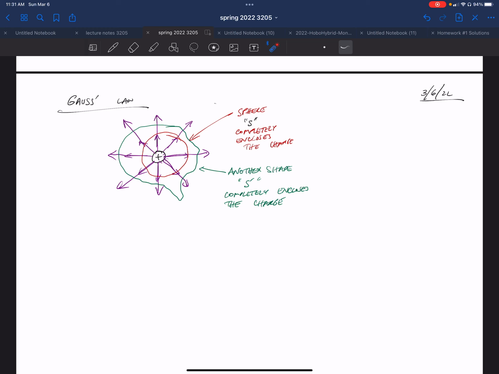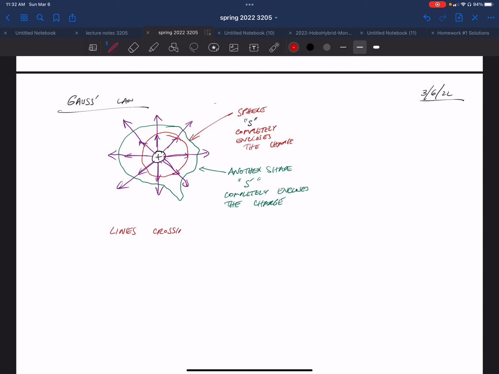Just looking at this picture, you can see that I drew 8 lines, so 8 lines are going to cross the sphere. The total number of lines crossing the sphere has to be the same as the total number crossing this funky shape, because they both completely enclose the charge, so they capture all the lines drawn there.